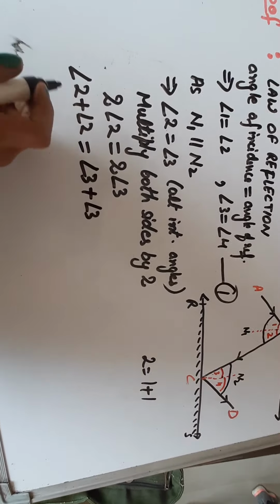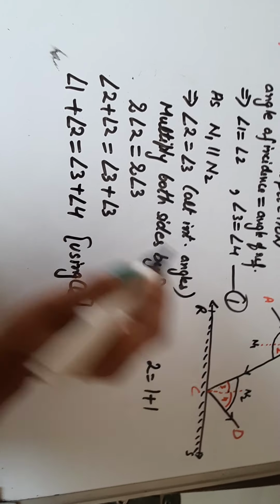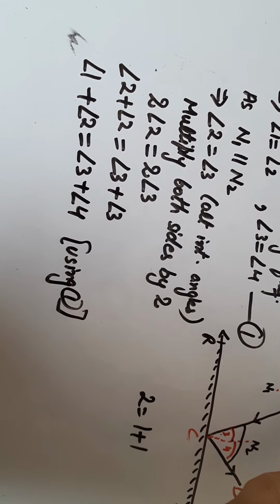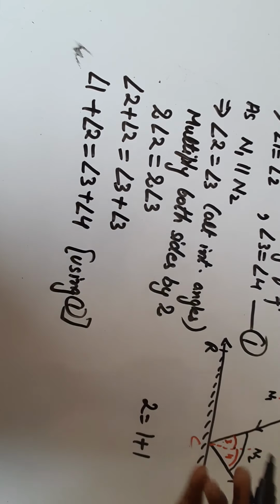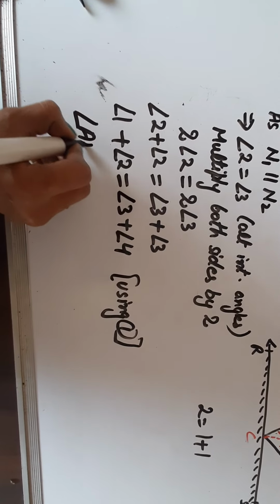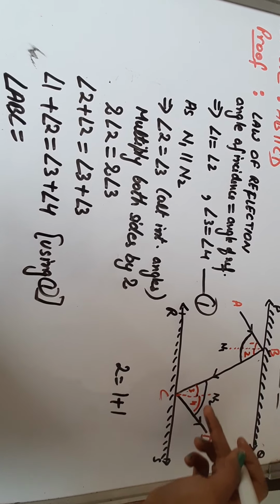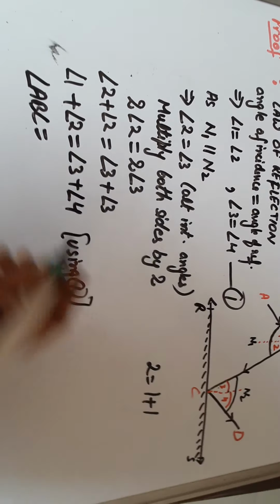Now you can see 1 plus 2. We got 1 plus 2, and the combined name of 1 plus 2 is angle ABC. And 3 plus 4 means this complete angle named angle BCD.